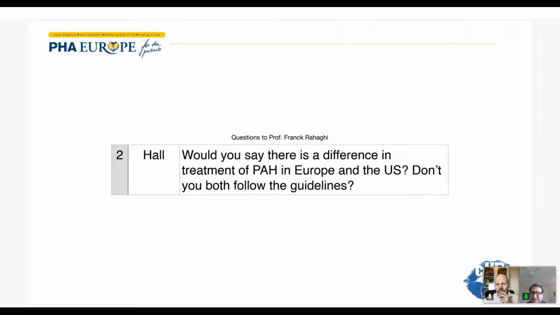I would say at least 60% of medications are prescribed by people that have little to no experience with pulmonary hypertension. So there's a lot of logistical differences, but it's not necessarily that the experts in the US and the experts in Europe diverge in the philosophy of treatment. And certainly when they get together, they're in solid agreement on the direction of things and how to do things. So I would say yes and no.